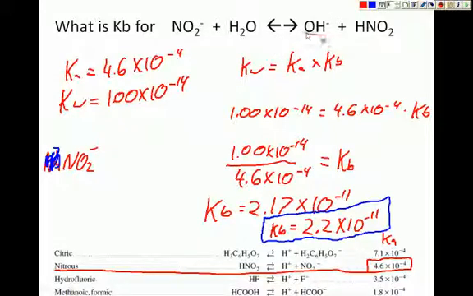Since it makes an OH, you know that it's going to be a base, or that you're going to be using a Kb value, and this is how you can solve the Kb value using the Ka value from your table. Okay?